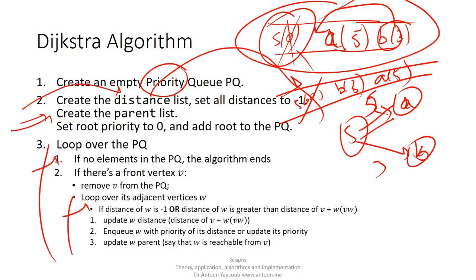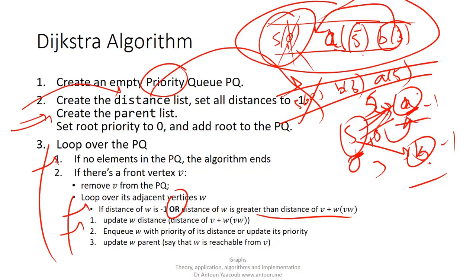So if the distance of W is -1, so the distance of A and B is -1 since they are not visited yet, or the distance of W is greater than the distance of V plus the weight, we'll see that in the animation. I will update the distance. The distance here is -1, and now it is equal to 5 and equal to 3. Why? Because the distance of A is equal to the distance of S, which is 0, plus the weight of the edge, so 0 plus 5.